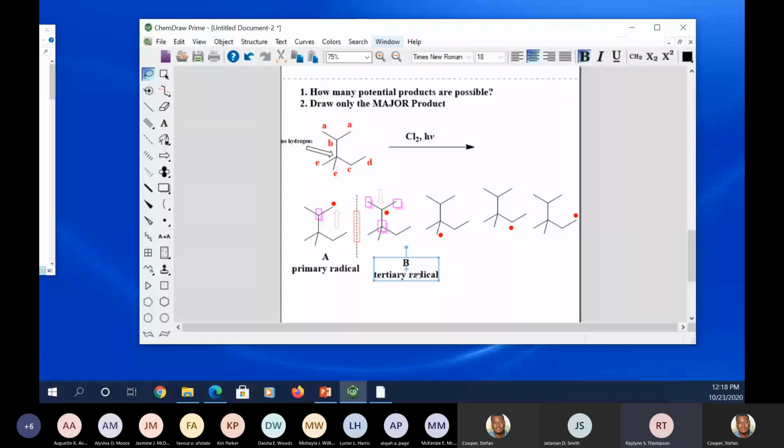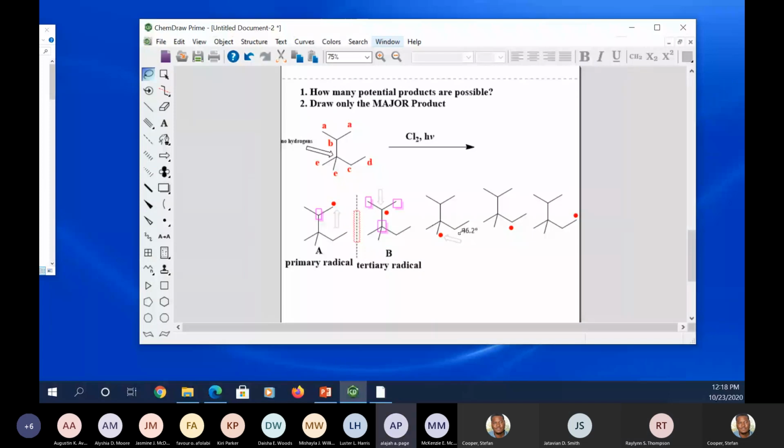I'm gonna have to make this a little bit smaller. Primary. Who said that? You don't have to be shy. I'm sorry, I pointed my arrow at the wrong position here. I need to look at the carbon that has the radical. It's this carbon right here, right?